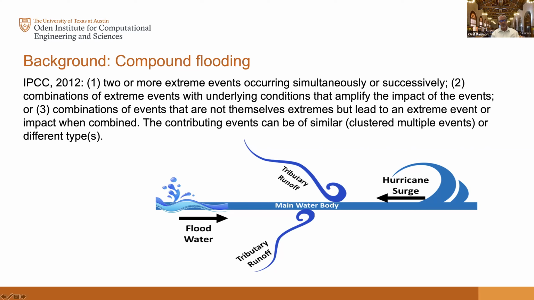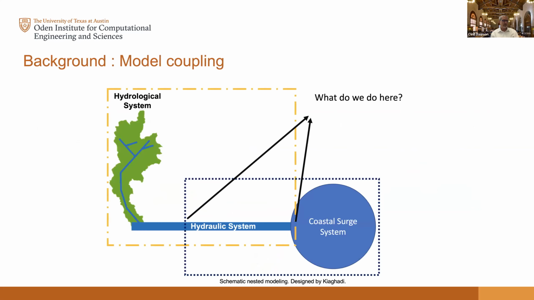So what I'm going to focus on is compound flooding due to surge and floodwater coming in from a rainfall event through some watersheds. Just a diagram here. In these types of systems, we have a coastal surge system, which is connected to the ocean.